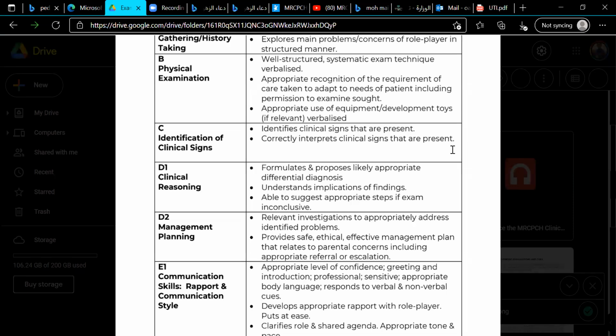Where there is a syndrome or neurological abnormality, this should be noted, but the aim of the station is not to undertake detailed identification of dysmorphic features or assessment of abnormal neurological signs.